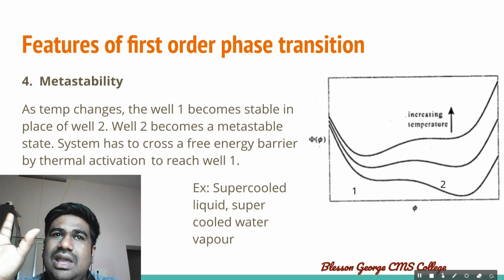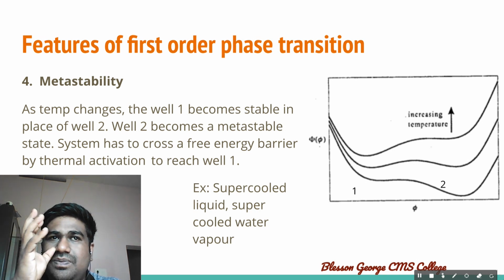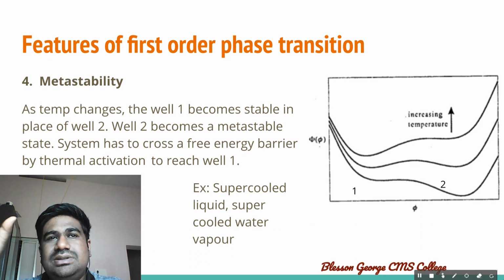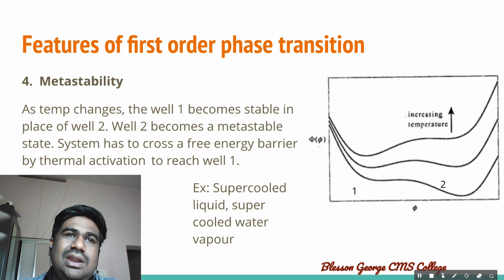That means it is in the metastable state. The gaseous or water vapor phase is the metastable state there. The temperature decreased, but the barrier is there, so the water vapor cannot go to the liquid phase. It remains in the vapor phase, even though its temperature is below the temperature required to form liquid.